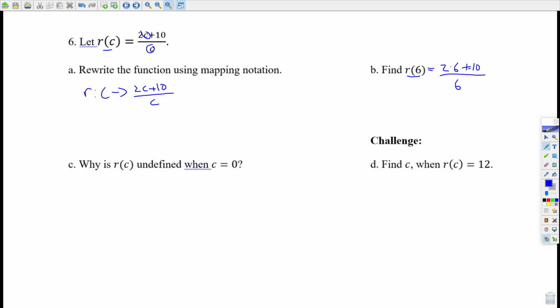Then just do your normal order of operations. 2 times 6 is 12, plus 10, over 6, which gives us, it's not going to be a nice number, 22 over 6. Although it does reduce, you can divide them both by 2 and get 11 over 3. As a final answer, R of 6 equals 11 thirds, or you could divide it and get 3.6 repeating.